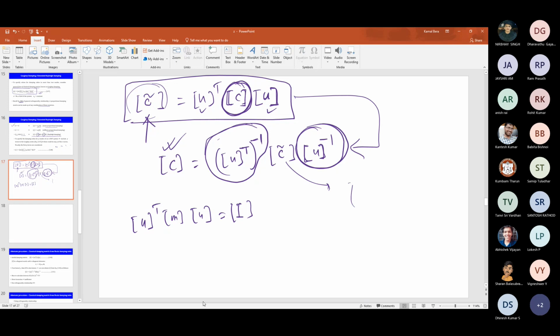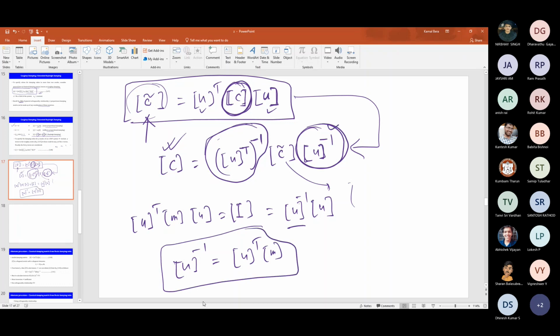Now I can write it as U transpose M U equals identity, so U inverse U. By comparing, U inverse is equal to U transpose M. Yes, so I got it.